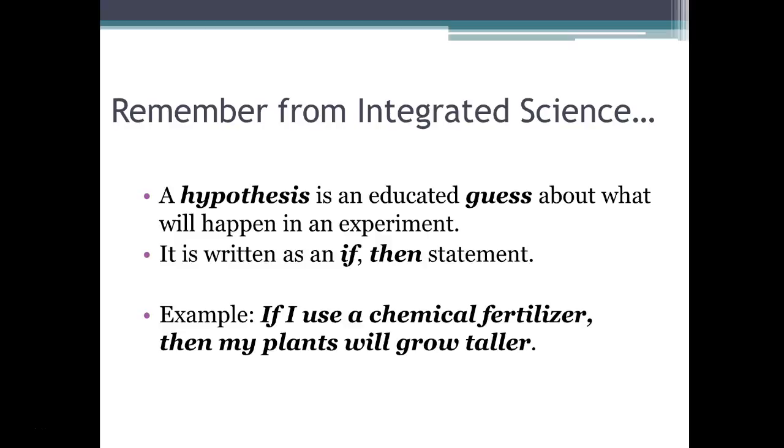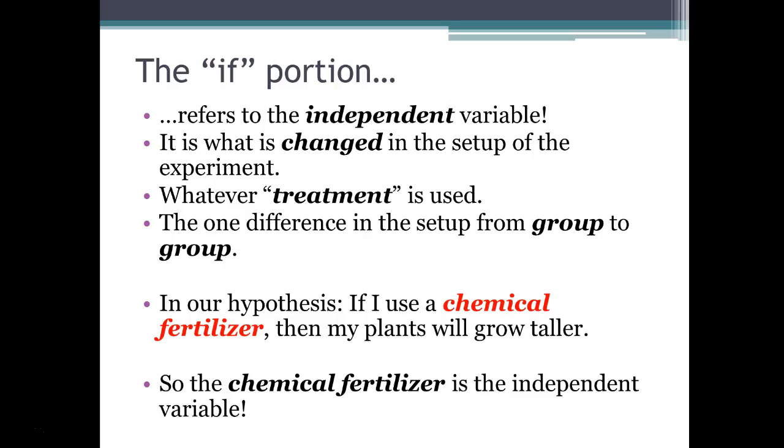One way to write a hypothesis is in the form of an if-then statement. So here you see an example: if I use a chemical fertilizer on some plants, then my plants will grow taller. That, of course, would be a hypothesis.